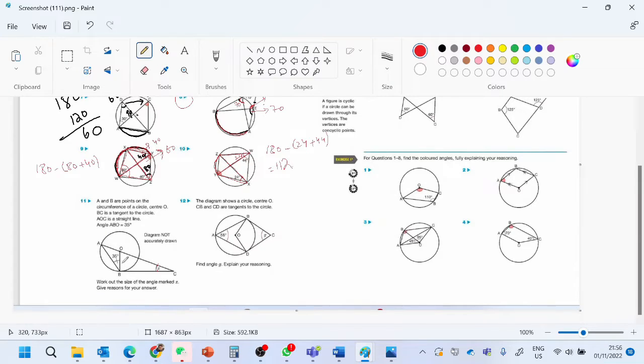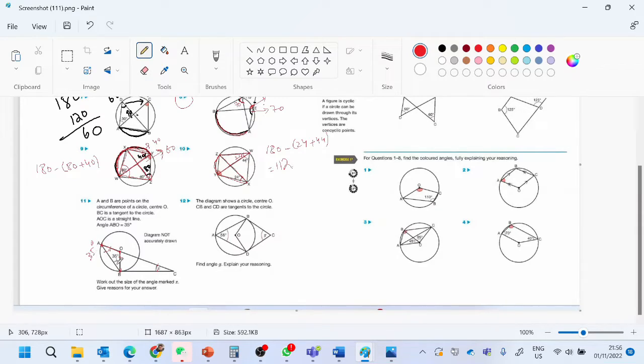Whenever there is a center and a radius passing from the center to two points, we already know that these two lines are forming an isosceles triangle. So when there is an isosceles triangle and one side is 35, this side is also 35 degrees.